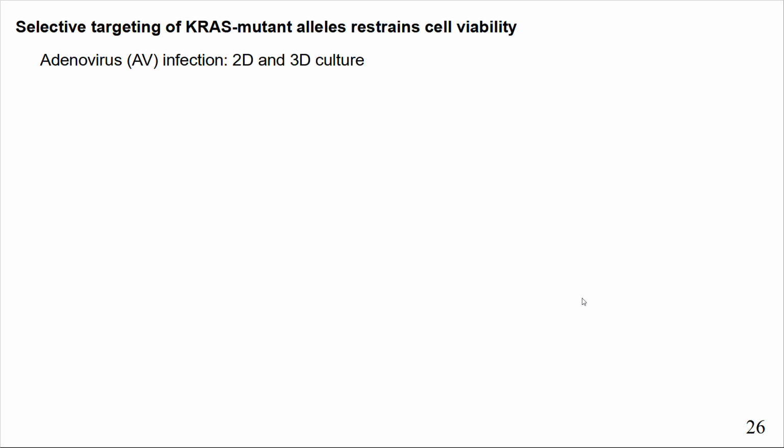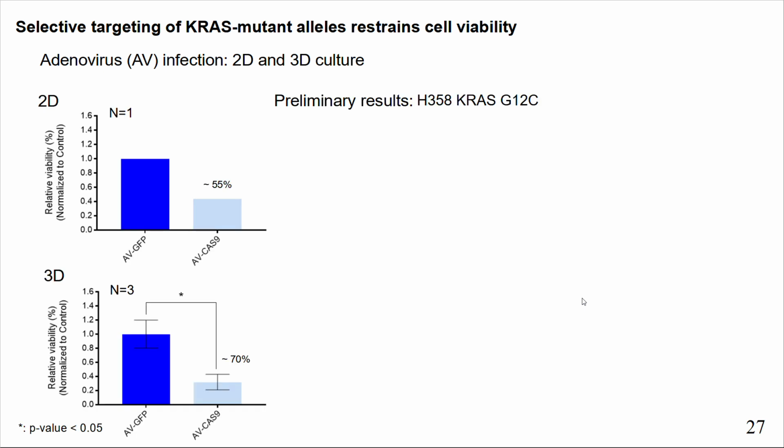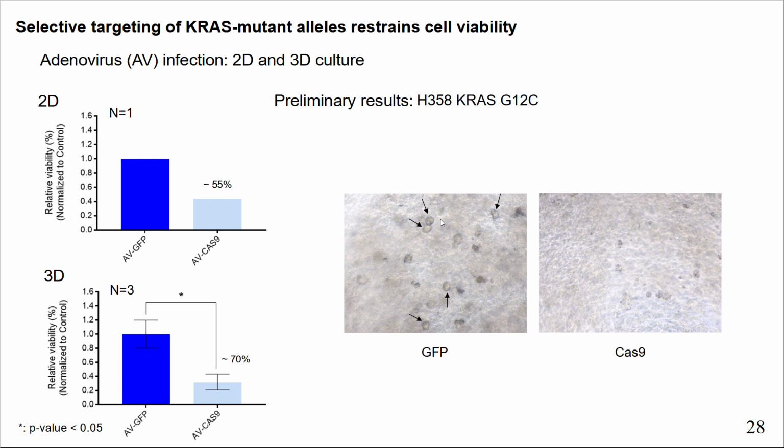Also, in the adenovirus part, well, these are very fresh and preliminary results. We have checked that we are able to reduce cell viability by up to half, more or less, and this reduction in cell viability goes up to 70%. Also, we can see here this spheroid formation assay.